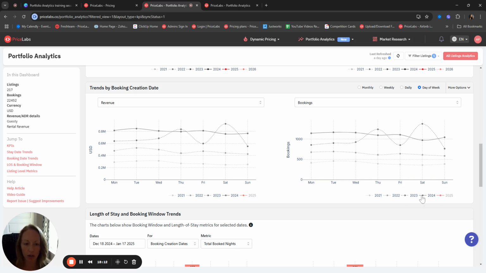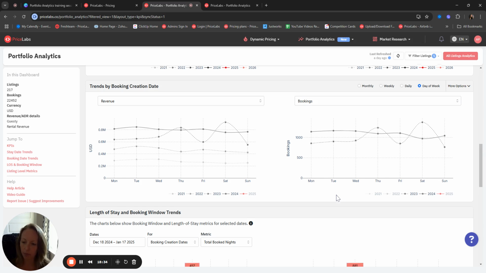But for 2024, it's interesting because 2024 kind of flattened out. There wasn't a big difference. But what we saw in '23 were a lot of people clicking book now on Thursdays and Saturdays. So making sure you have enough staff on the phones on Thursdays and Saturdays, sometimes that data can be helpful to look at that way.